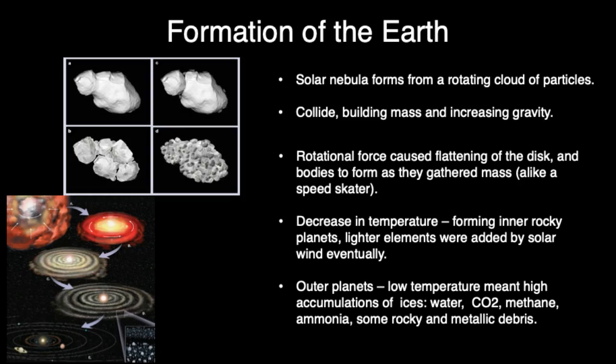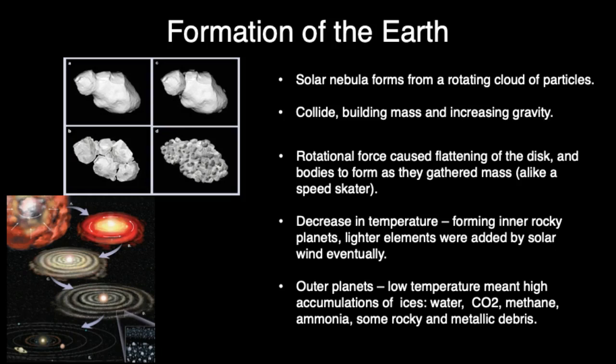So then temperatures rose as more material coalesced within each of these rocky planets. And due to high temperature and weak gravitational fields, the rocky planets were unable to accumulate lighter elements such as hydrogen and helium.